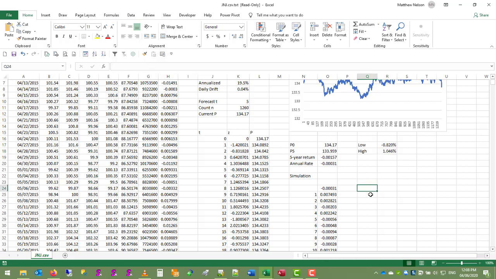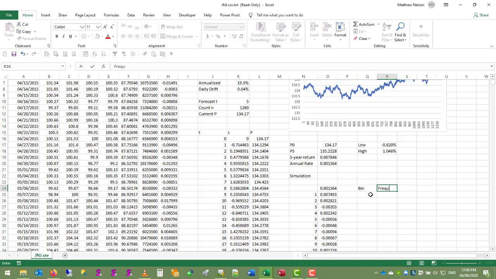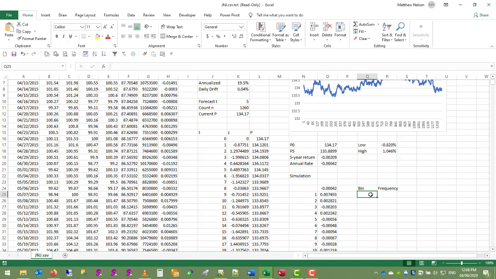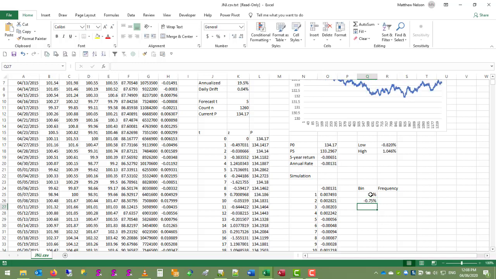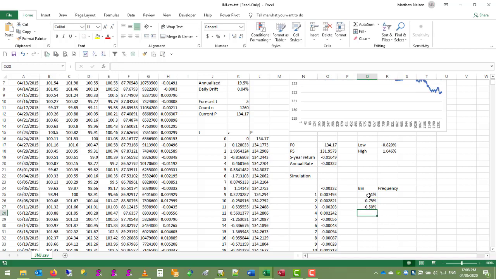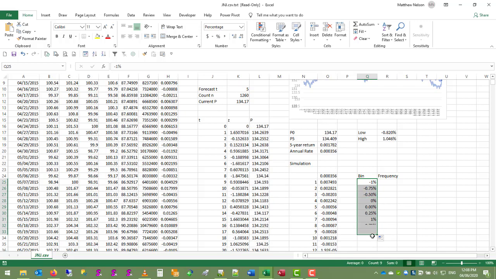So we can then make our buckets for a histogram. These are called bins. So we'll start with minus 1%. And then extend this to 1.5 perhaps.